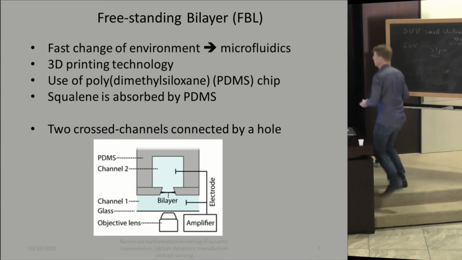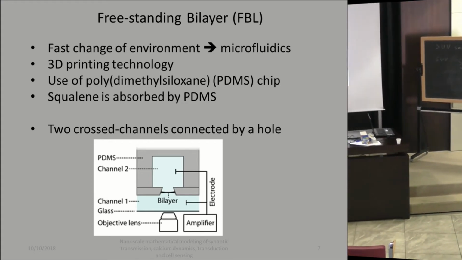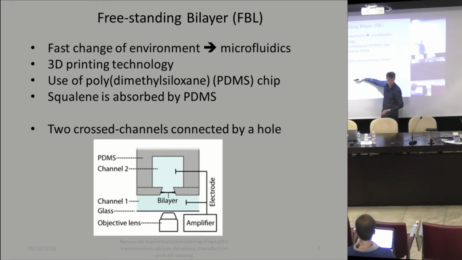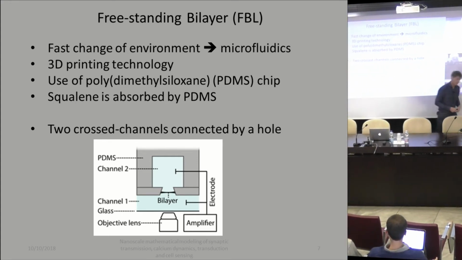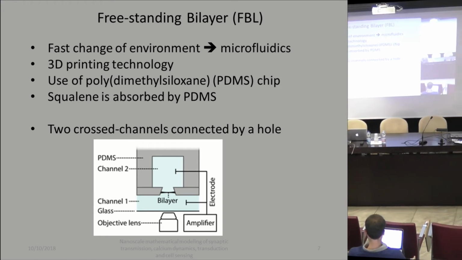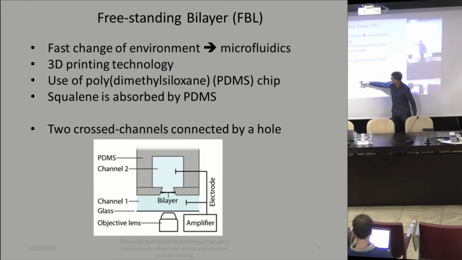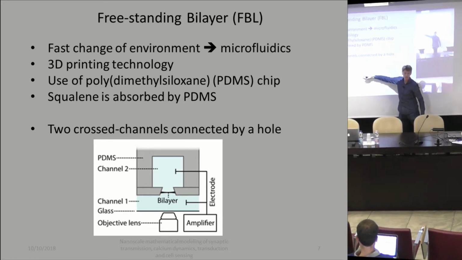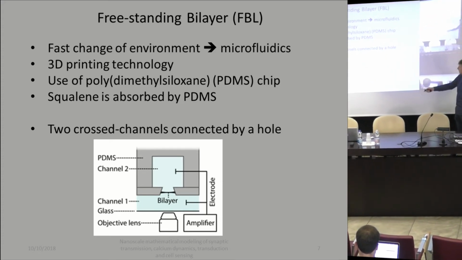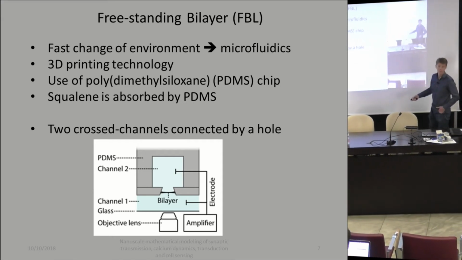You'll have one channel here, and the other one like this. And the bilayer will be here, somewhere in between. I forgot one thing: we can put electrodes on each channel and do electric measurements. And this will be on a cover slip, and we can do observations by microscopy.